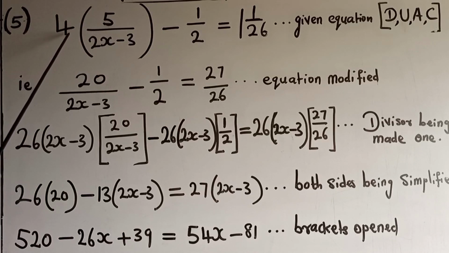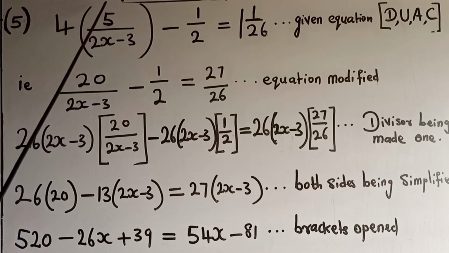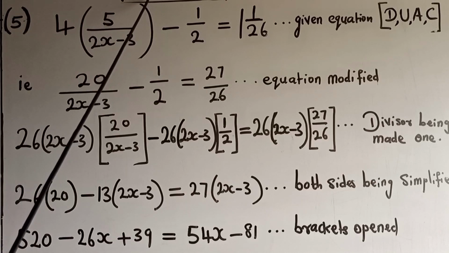Like I said earlier, we can proceed without necessarily converting this one to what we have here. This 4 will not be an obstacle to making this divisor, which is 2x minus 3, become 1. Which means that 4 is not an obstacle, and this bracket is not an obstacle. Why? Even though this 5 over 2x minus 3 is enclosed in a common bracket, the power is not more than 1.